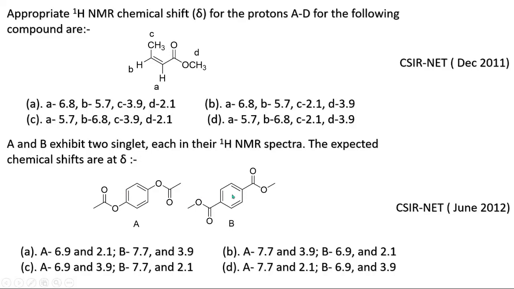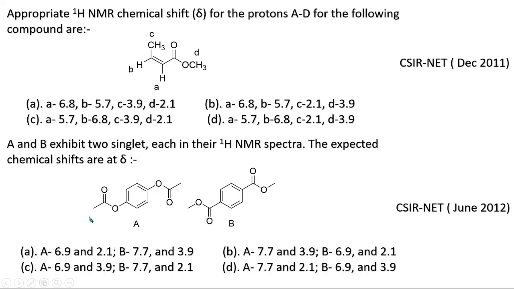So compared to this proton, this will come at a lower value. If you see 6.9 and 7.7, the compound having this proton will have a lower value than the other compound. So we have these two options, and we will eliminate these two options.